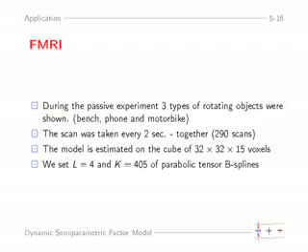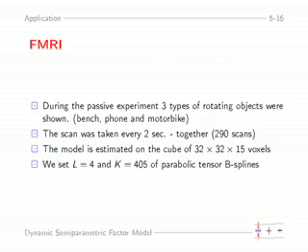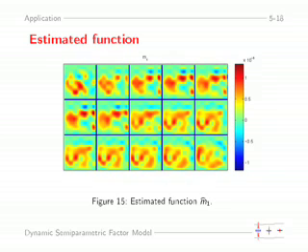And our analysis used 4 data points and 405 B-splines. Okay, this is the basis function M0. This is the next one. We are in discussion with these guys, so we have an interpretation for that.